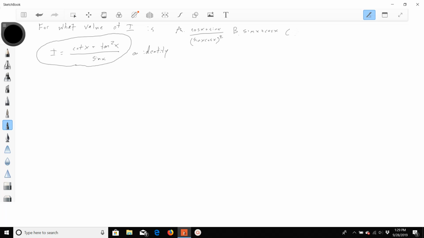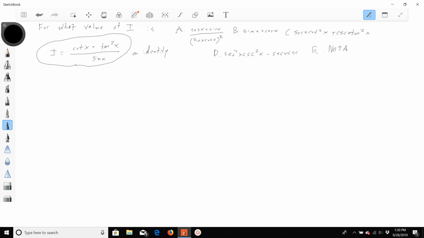The third was a bit longer: secant x cotangent squared x plus cosecant x tangent squared x. The fourth one was secant squared x cosecant squared x minus secant x cosecant x, and then the last one is always none of the above.